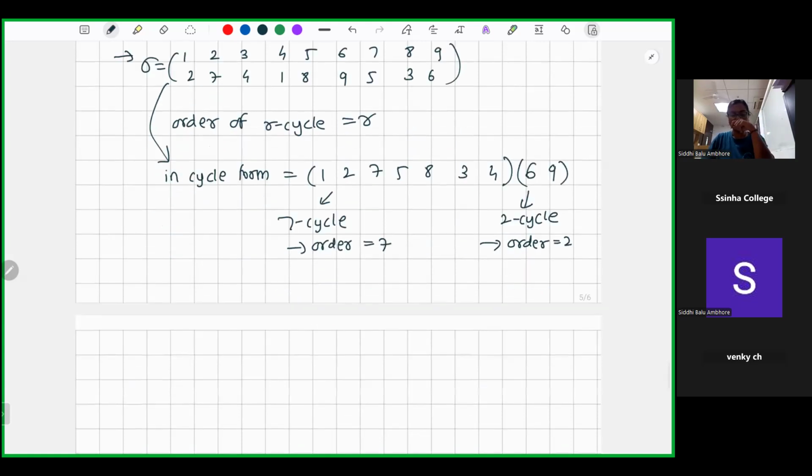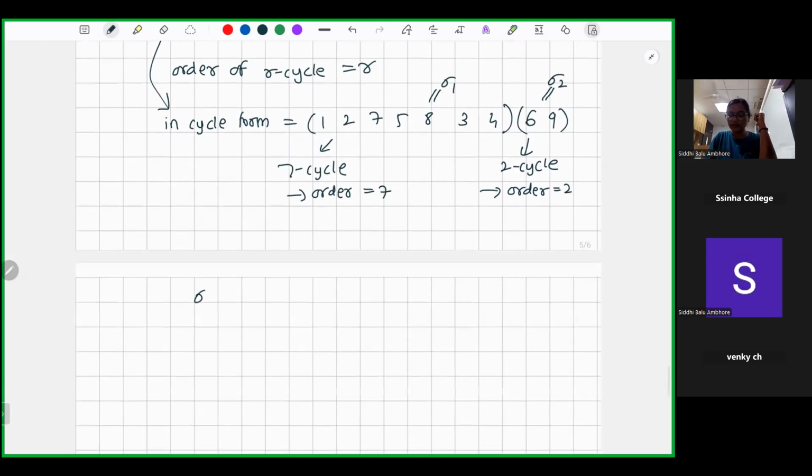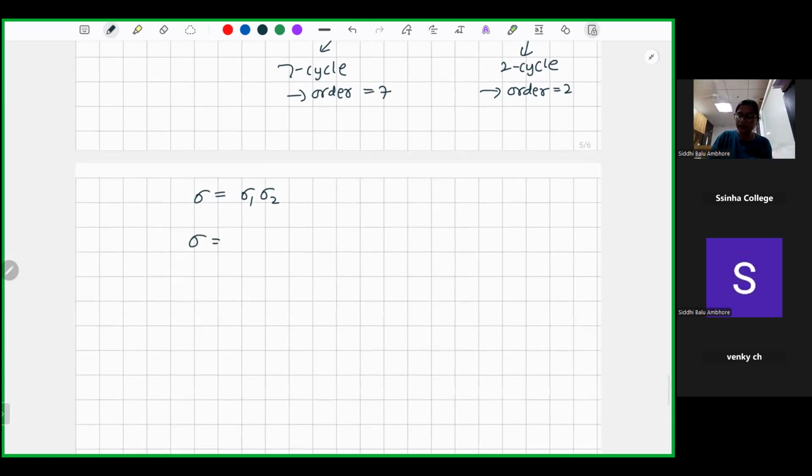So if I give them names sigma 1 and sigma 2, then I can write sigma as the product of sigma 1 and sigma 2. And note that since these are disjoint cycles, they commute. So the product of sigma 1 and sigma 2 is also equal to sigma 2 and sigma 1. So what can we do in such cases?